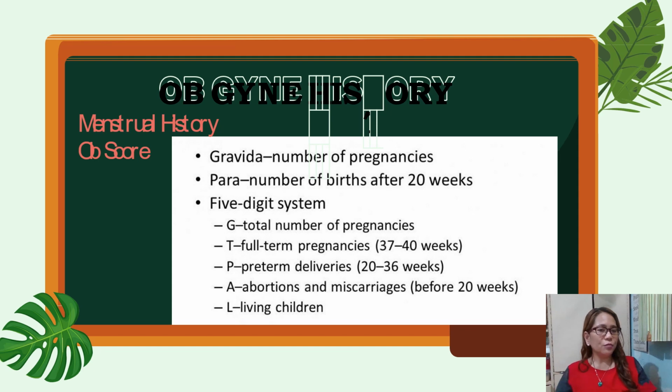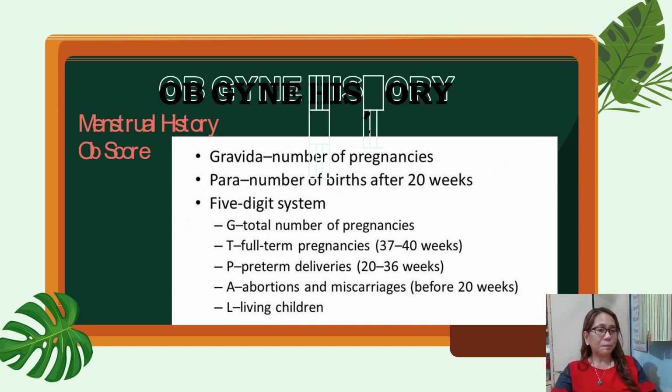So let us now move on to our OB/GYN history or menstrual history or OB score. Pagpasensyahan na yung ating font. Okay. So menstrual history. You have to take note of the following terms. G stands for gravida or the number of pregnancies.